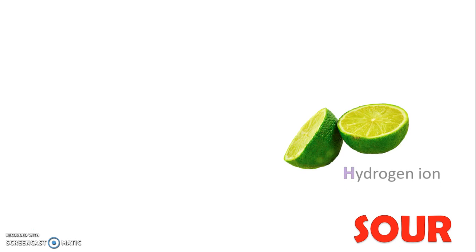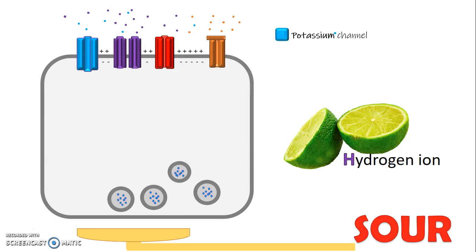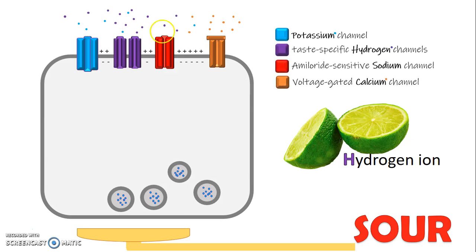Sour is associated with acid food and mainly with the hydrogen ion. Here we have a neuroepithelial cell, and here in purple the hydrogen ions.